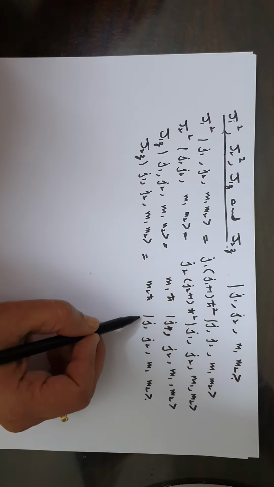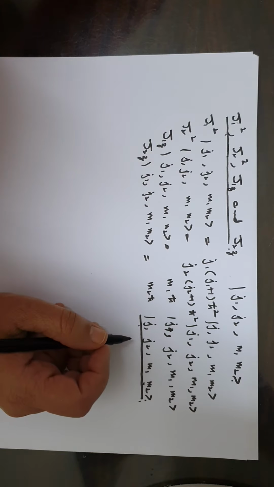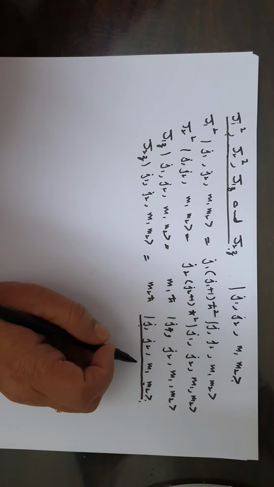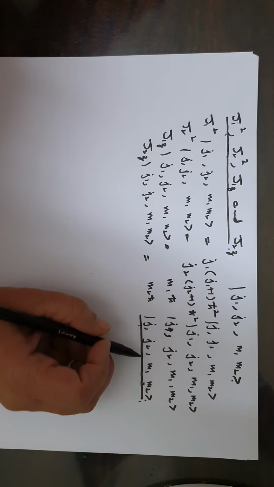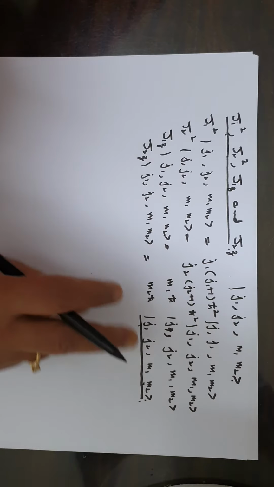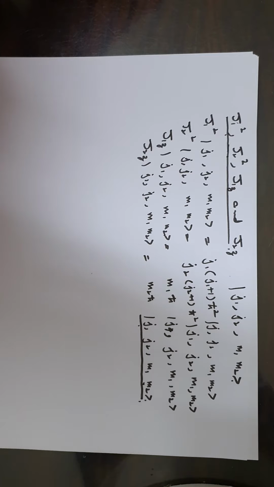Now all these kets form a complete set of orthonormal bases. When we say that, that means they are normalized and orthogonal: two kets are orthogonal to each other and all the kets are normalized.